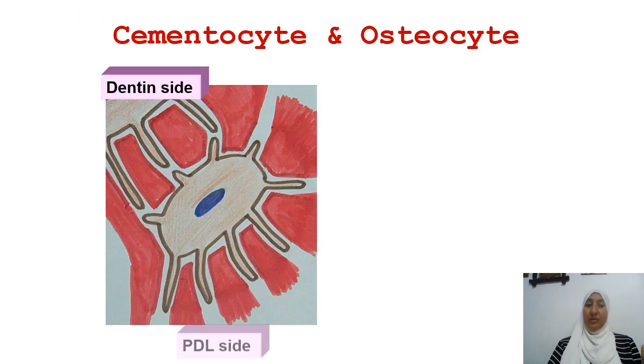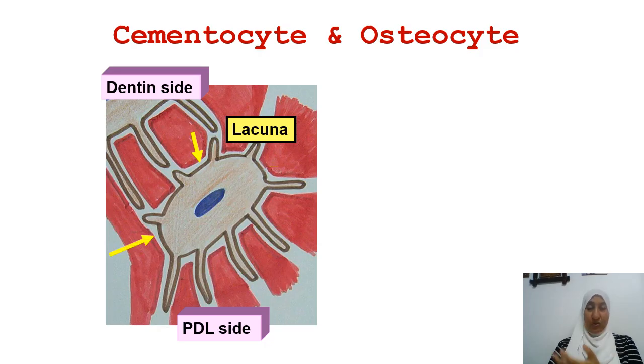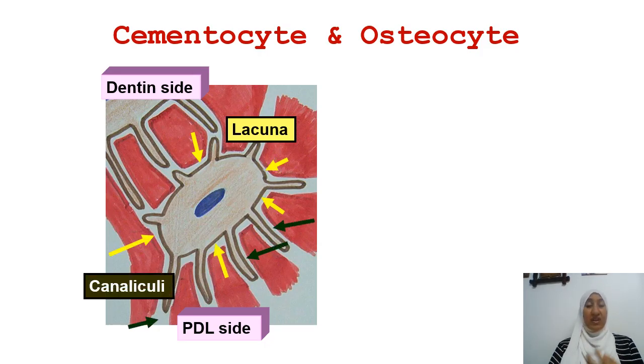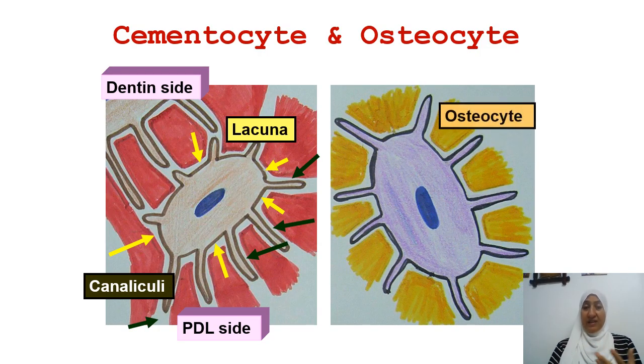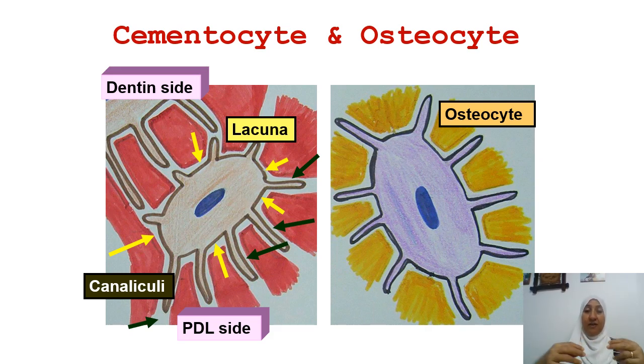To compare cementocytes and osteocytes, it's very crucial to understand the differences between them, because these differences reflect on the response of the root or cementum to pressure or any applied forces.